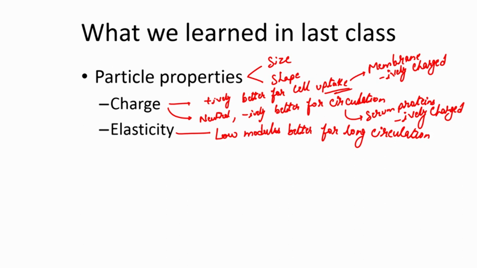The reason low modulus is good is that the spleen will clear any rigid particles if they are big enough. If they are greater than 200 to 250 nanometers, the spleen will clear them, but if they have low modulus and can squeeze through those spleen gaps and vessels, then they can continue to circulate longer.